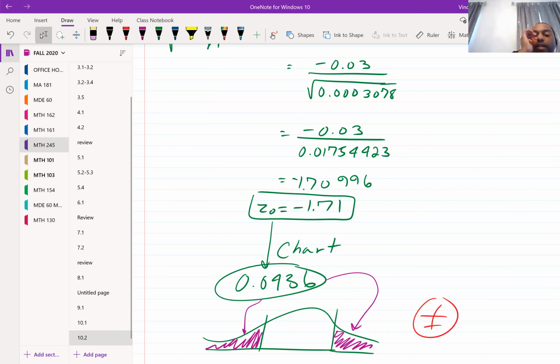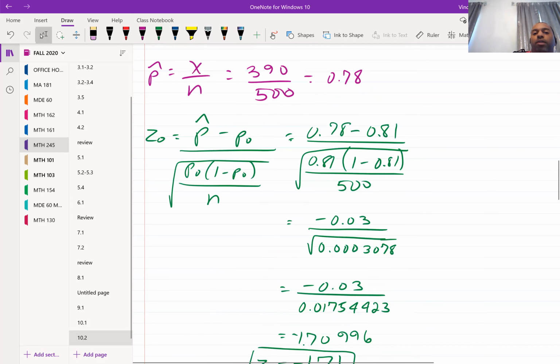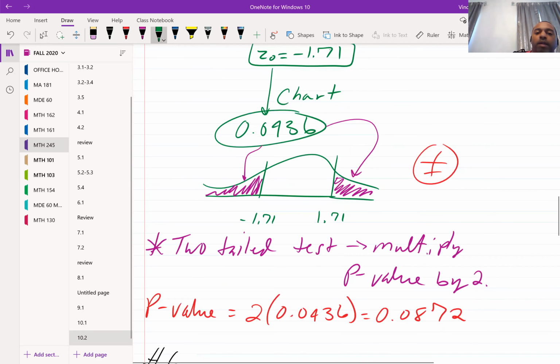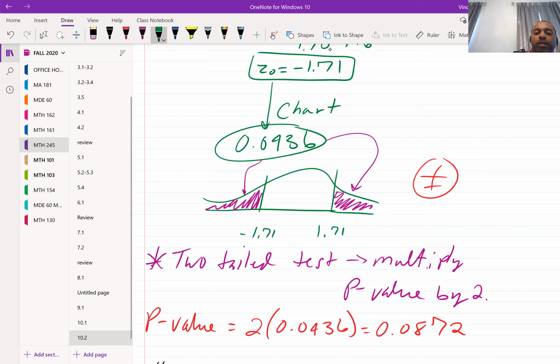All right, so now that's not our p-value, because you always got to make sure you ask yourself what test you're dealing with. So don't forget this is two-tailed because of the not equal to symbol. So if it's two-tailed, that means I need that 0.046 to be on both sides, two tails, all right?